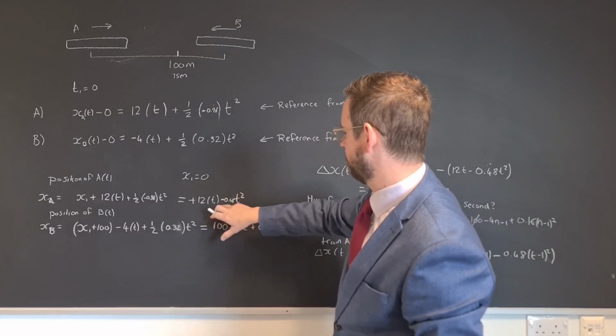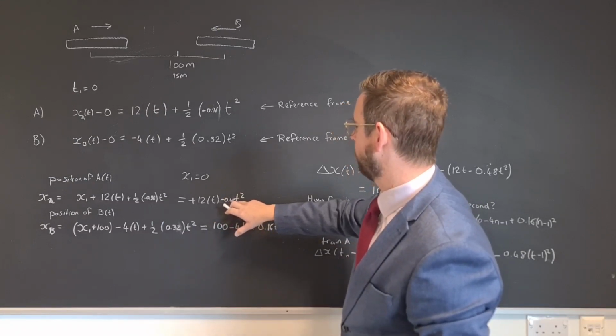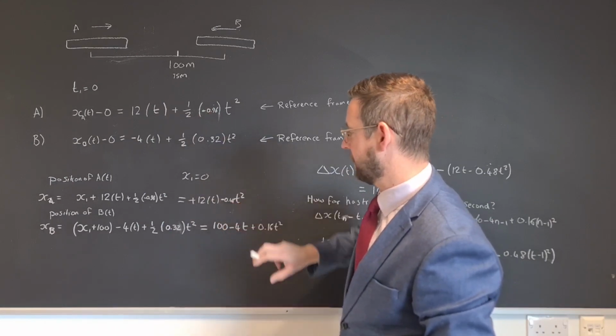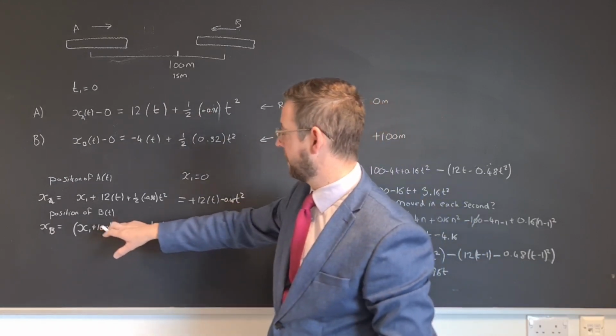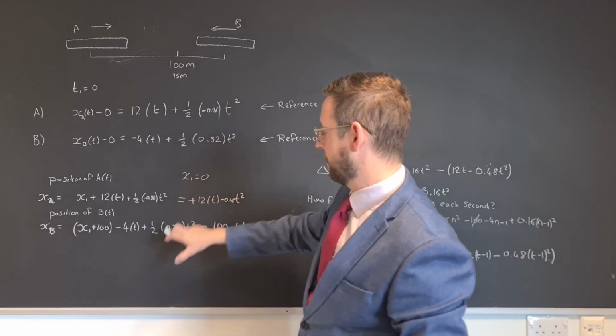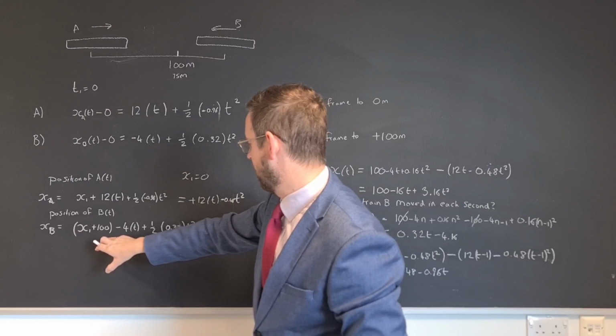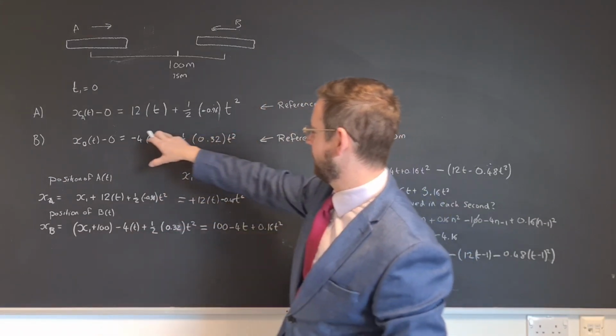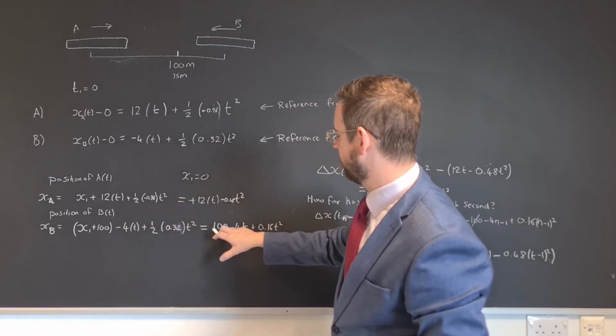It is just 12t minus 0.48 t squared. I've applied the half to the minus 0.96 there. But the other train is starting relative to this point, which is 100 meters away. So what we're actually saying is that its position is the same, it's this, but it's being taken away from the 100.